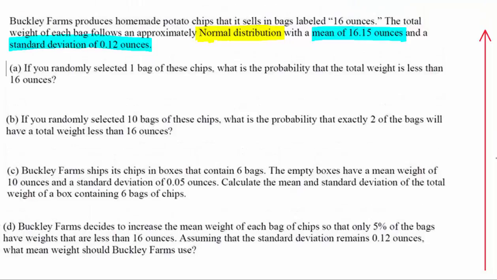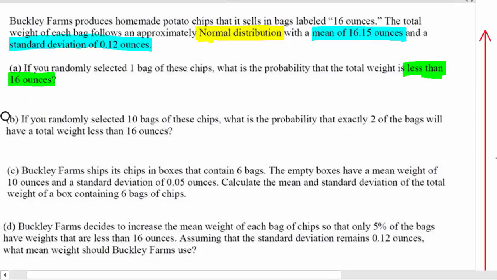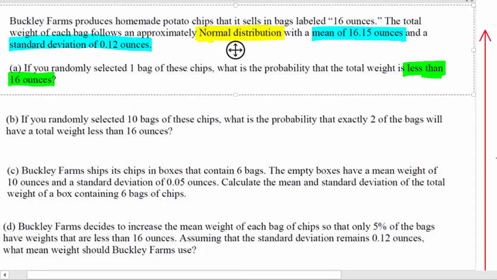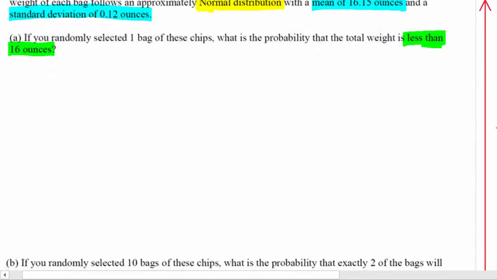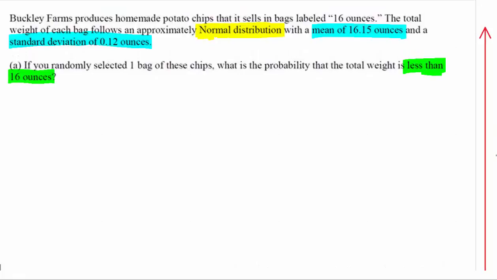Alright, so let's go back up to part A and take care of this one. It says, if you randomly select one bag of these chips, what is the probability that the total weight is less than 16 ounces? So this key right here, we want less than 16 ounces.